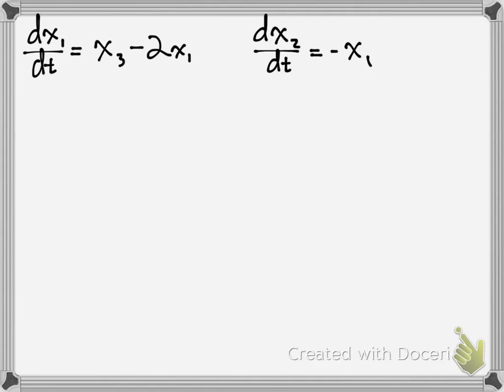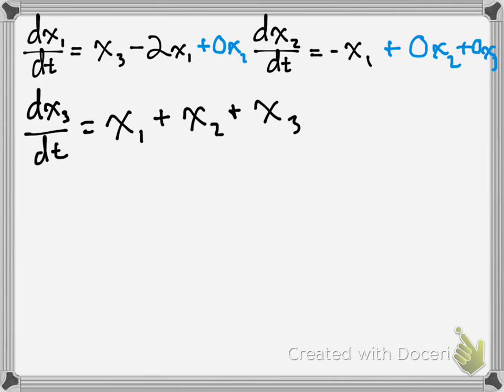Next problem, same thing, be careful of the subscripts there. So this would be plus 0x2, and this would be plus, oh wait, I think I'm missing another thing here. Hold on, this would be plus 0x2 and plus 0x3. We need to have an x3, don't we? Okay, so I forgot to add the x3, so now there is one.